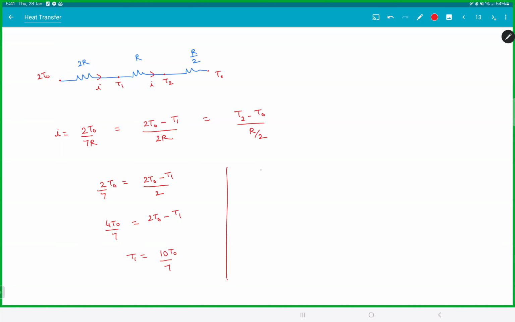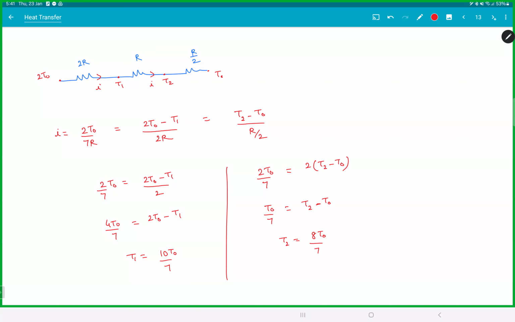And if I take these two, 2 T naught by 7, this will be 2 times T2 minus T naught. 2 will cancel actually. So T naught by 7 is T2 minus T naught. So T2 will be 8 T naught by 7. Check.